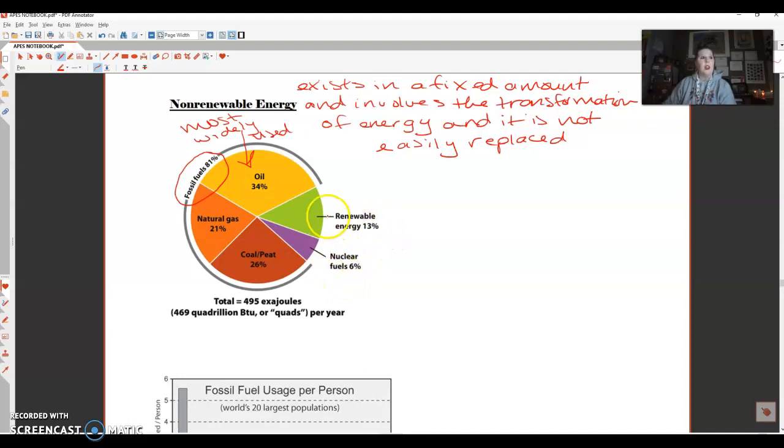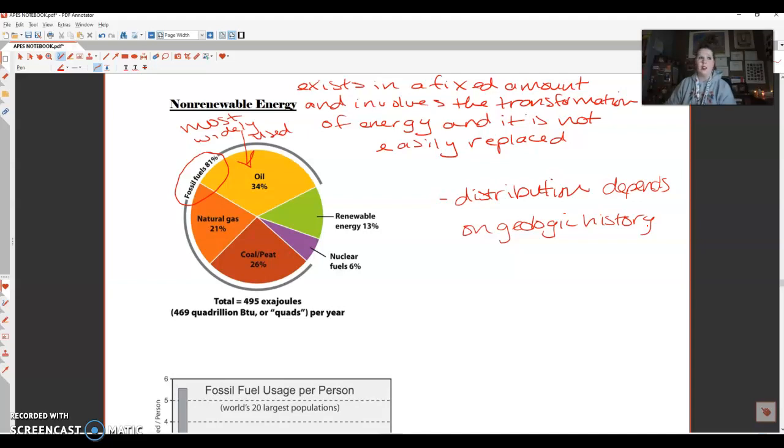So the access to these non-renewable energy sources basically depends on the geologic history of the location that you're living in. Okay, so distribution depends on geologic history. So what does this mean exactly? So when you say the term fossil fuels, what are we actually talking about?